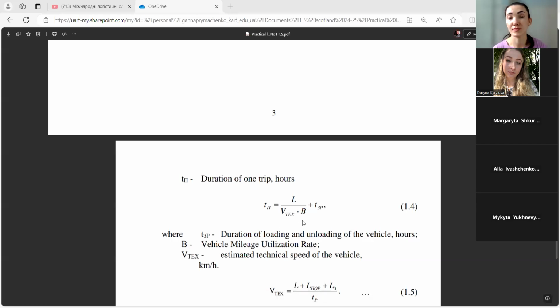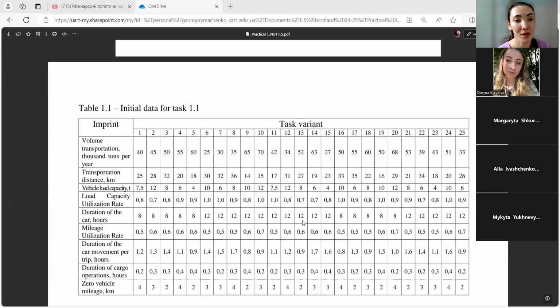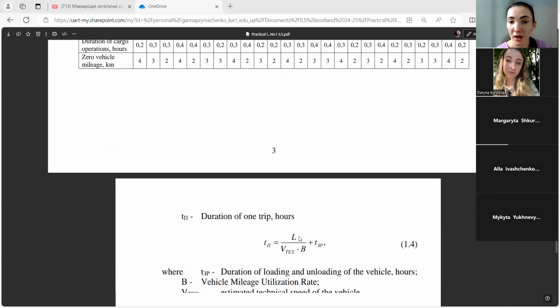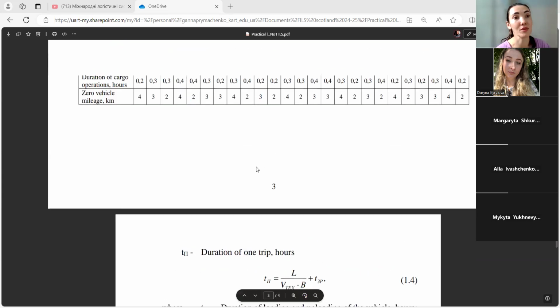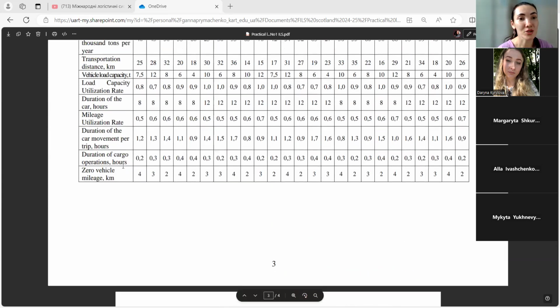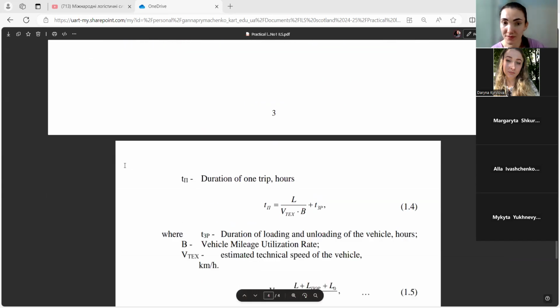Then, maybe yes, because we have the time on all marshruts, what we decided here, and plus the cargo operations. Maybe yes, you are right. Duration of the cargo operation, yes.